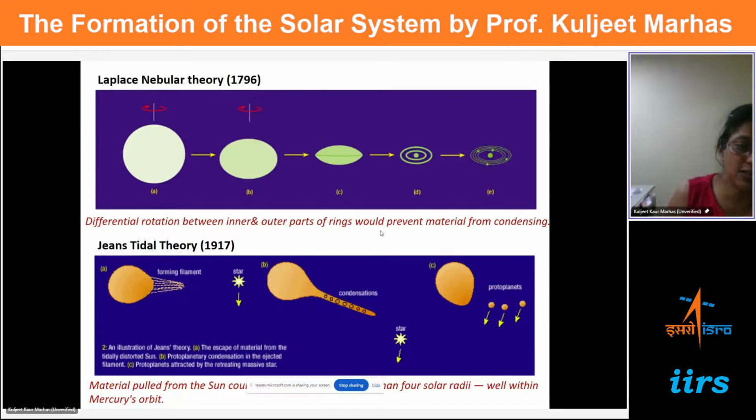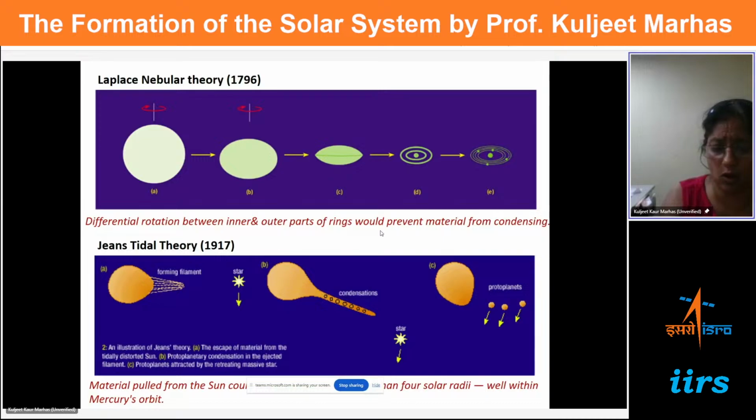Another one was the tidal theory, that the sun was already there and a star was passing by. Due to the pull of the star, the material from the sun made a filament kind of structure, and this filament forms the protoplanets and planets eventually. Every model that was given has its own kind of problems associated with it.